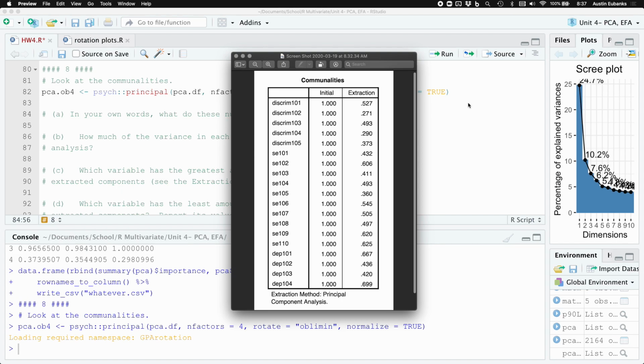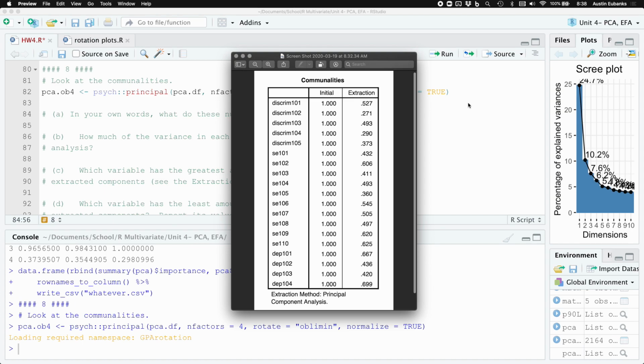If you were to run this analysis in SPSS, one of the things in the output is going to be this communalities table. It has two columns in it, the initial communalities and the extracted communalities. The reason that I'm showing the SPSS output in particular for this is because in R, in order to get this initial communalities, which we won't deal with until we're doing the factor analysis at the end, we have to do it in a very roundabout way.